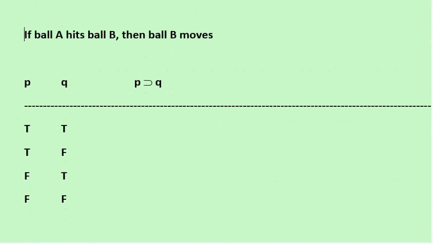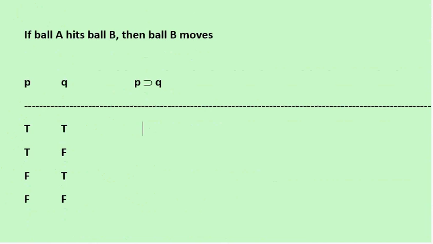Okay, well, let's look at the possibilities here then. So the first row represents the case in which they're both true, right? So ball A does hit ball B. That's what we mean when we say that that one's true, right? And then ball B does end up moving, right? That's what the Q would mean here.